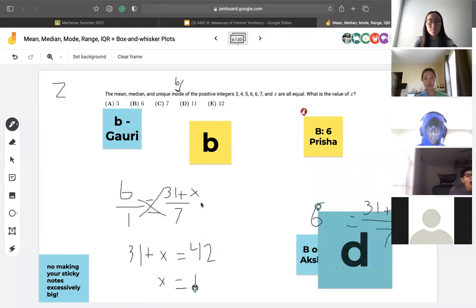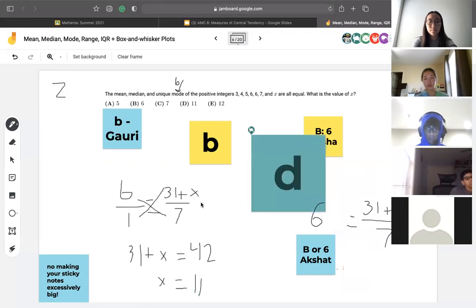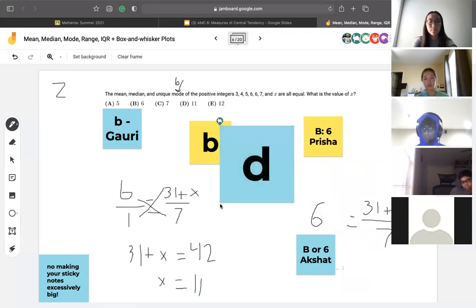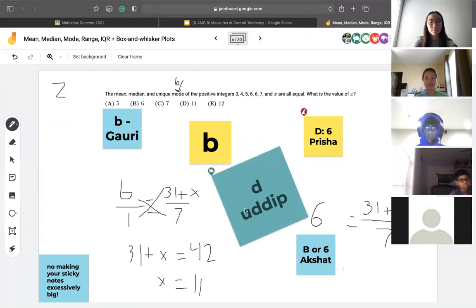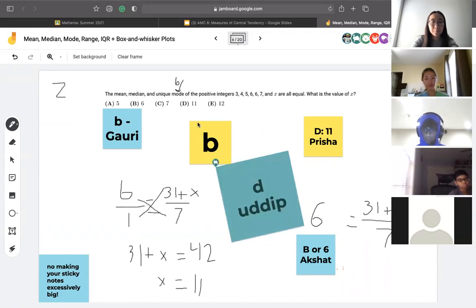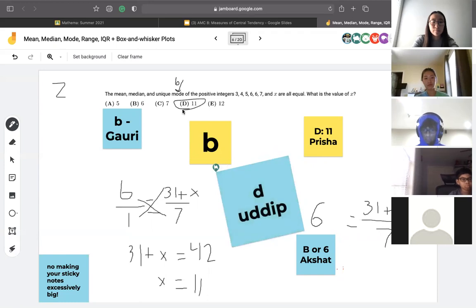So a lot of you guys put the mode, which is 6, and I think some of you also just saw other people putting 6 and thought that was right. But the answer is actually 11. Okay, does everyone get why it's 11 and not 6?